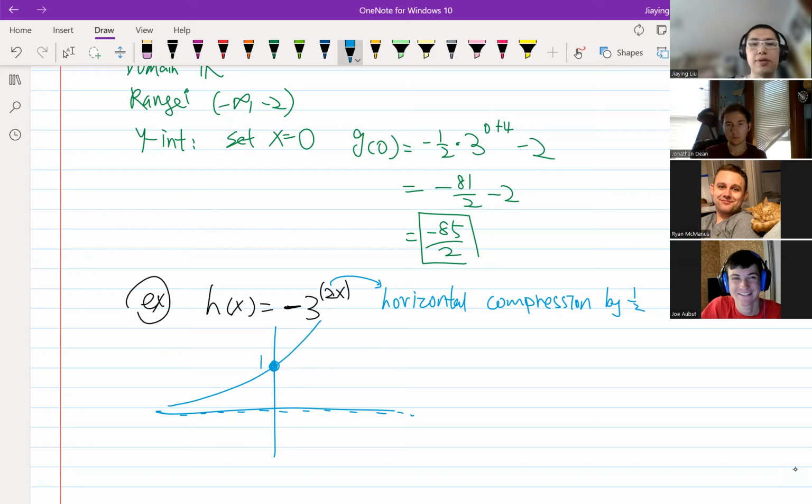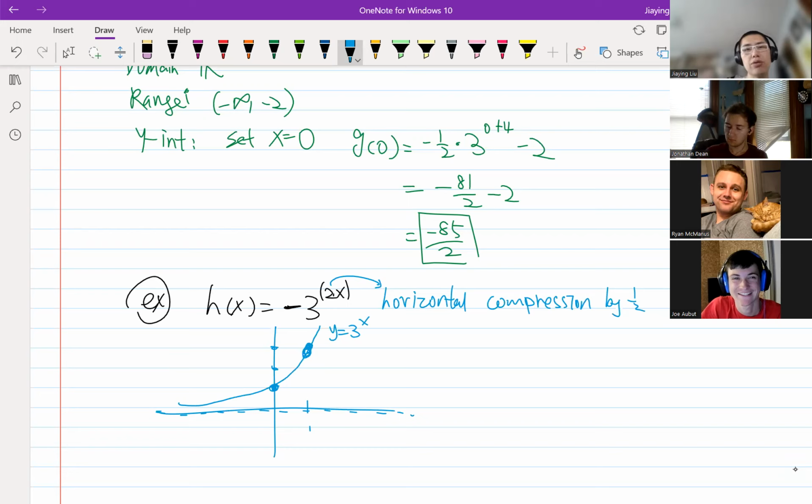So this is the 1, and we have another point for y equals 3 to the x: x equals 1, y equals 3. Oh, I'm not drawing it to scale. Let me fix this. So this is the 1, 2, 3. So that was my parent function, y equals 3 to the x.